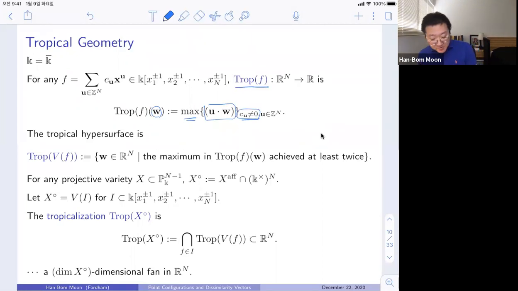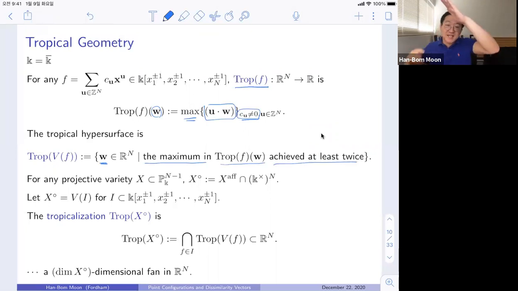Then the tropical hypersurface is defined as the set of W's such that the graph of the tropical polynomial is not smooth, in the sense that the maximum in the tropicalization of F is achieved at least twice.